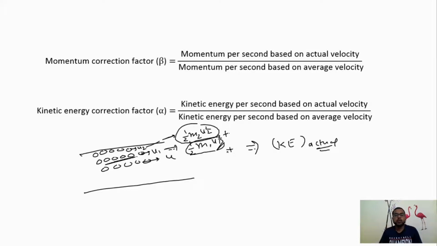It is very difficult to compute all this, so we need these factors. We can calculate the kinetic energy easily based on the average velocity, then multiply by this factor to get the kinetic energy based on the actual velocity, right?